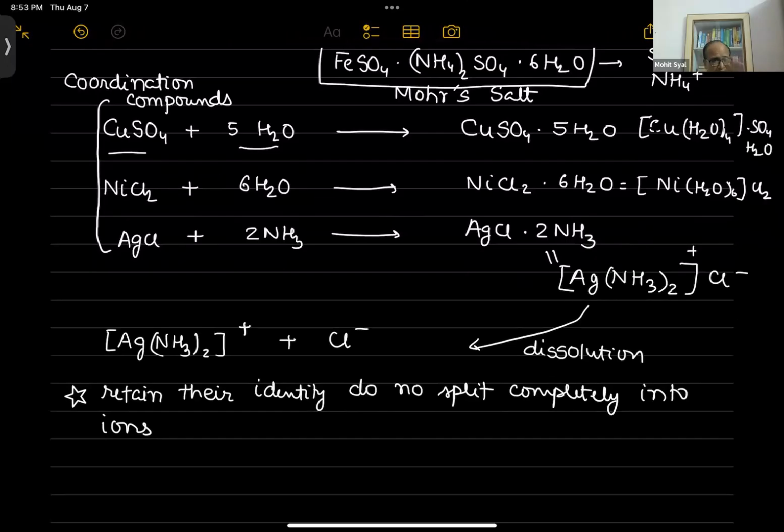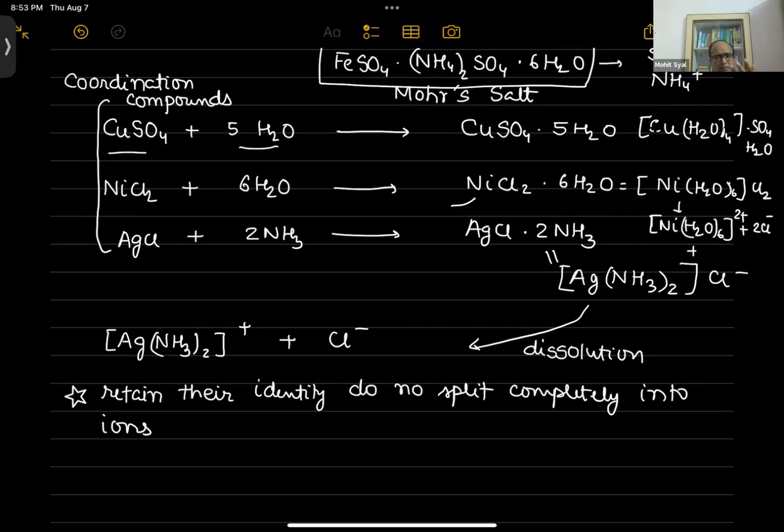They still retain part of their identity. For example, if I put this into water, this nickel H2O 6 2 plus and Cl minus. Got it?